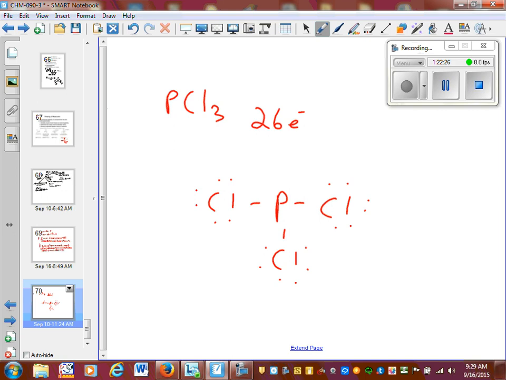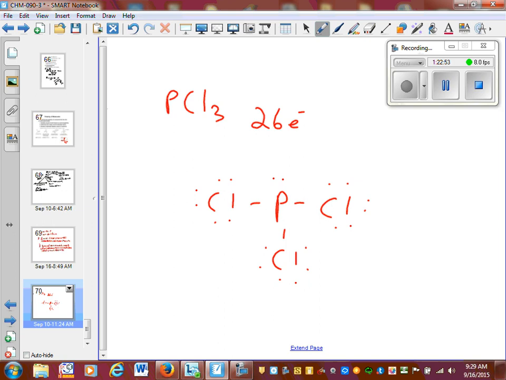What shape is this going to be? Trigonal pyramidal, yes. We have 4 groups: 1, 2, 3, 4. 3 of them have bonds, 1 of them is a lone pair. Pyramidal.